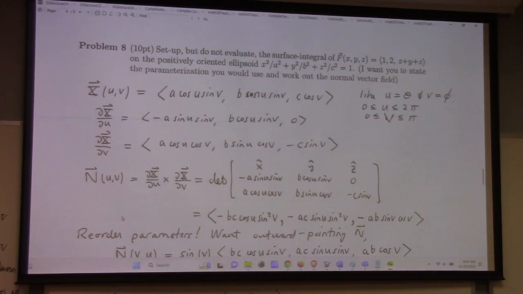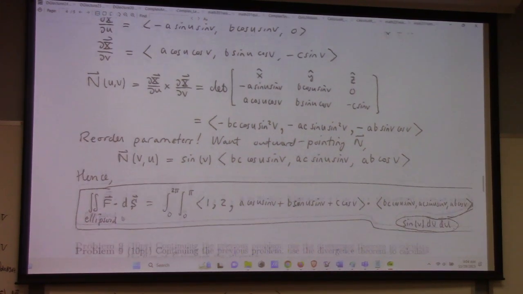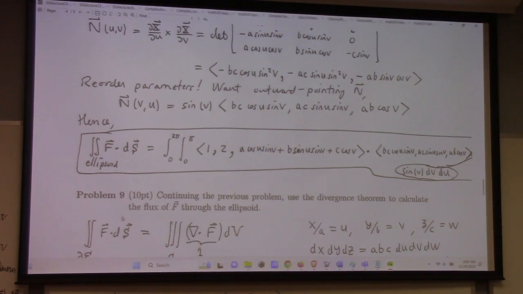So anyway, here, to parameterize the ellipsoid, it's basically just modified spherical coordinates, like I have up there, a, b, c. I calculate the normal. Once I have the normal, I take the dot product of the vector field evaluated at the parameterization, and that's the surface integral. So there it is. If I say you don't work it out, you don't even have to take the dot product, all right?